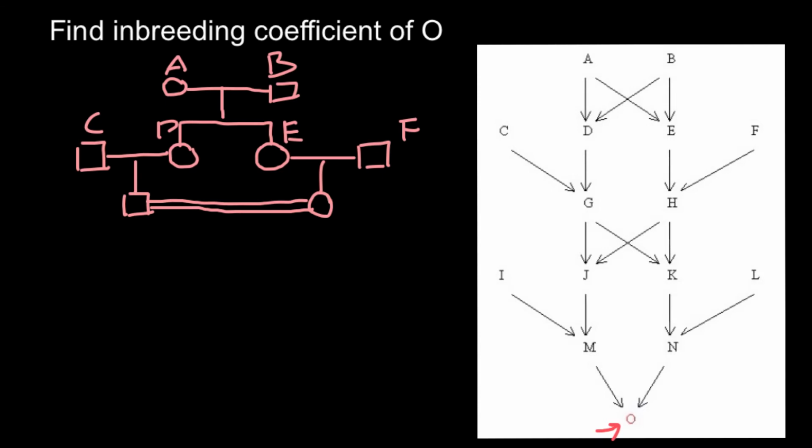This is going to be siblings, and this is going to be first cousins mating. So these are individuals G and H here, and this couple has two children. One child is, say, a boy, and another can also be a boy, J and K.